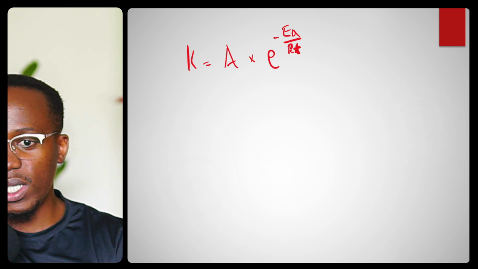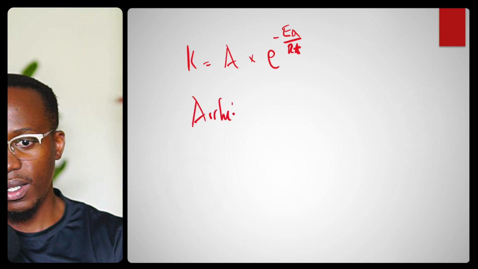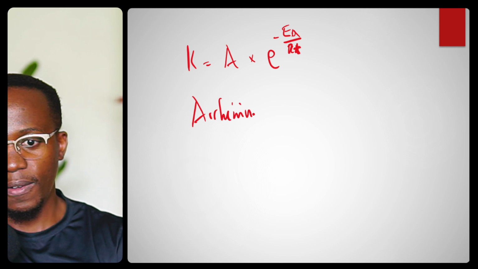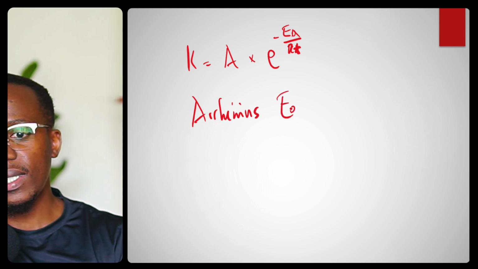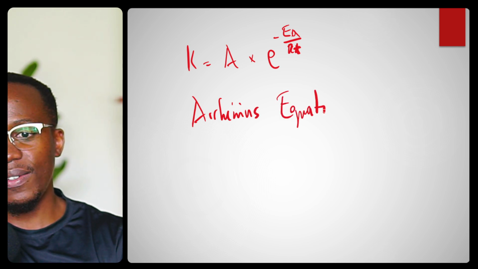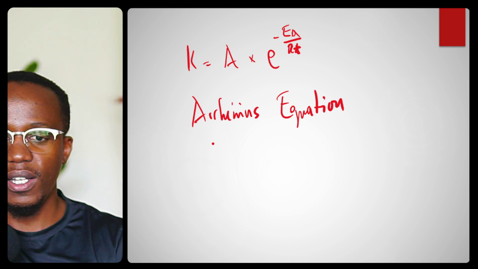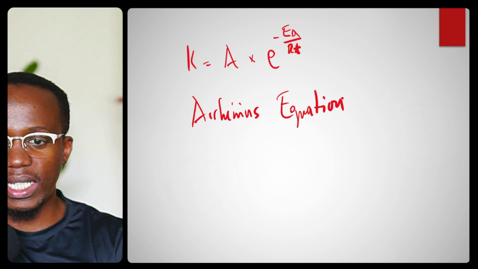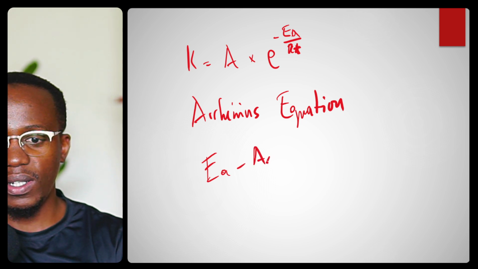And again, I want everybody to understand this. This is called the Arrhenius equation. This is the last thing that I want you to understand. The Arrhenius equation gives us the activation energy, Ea.